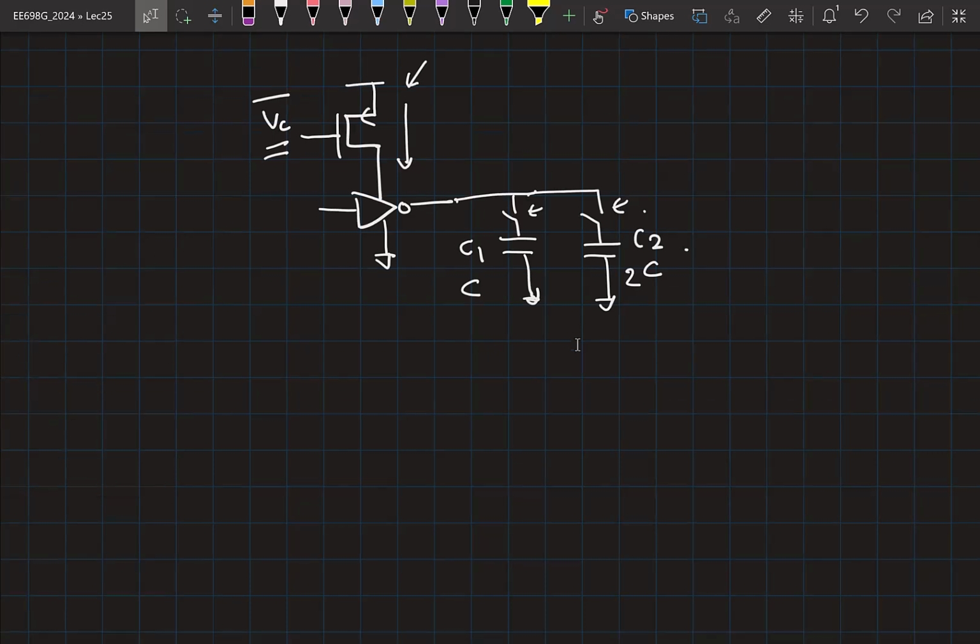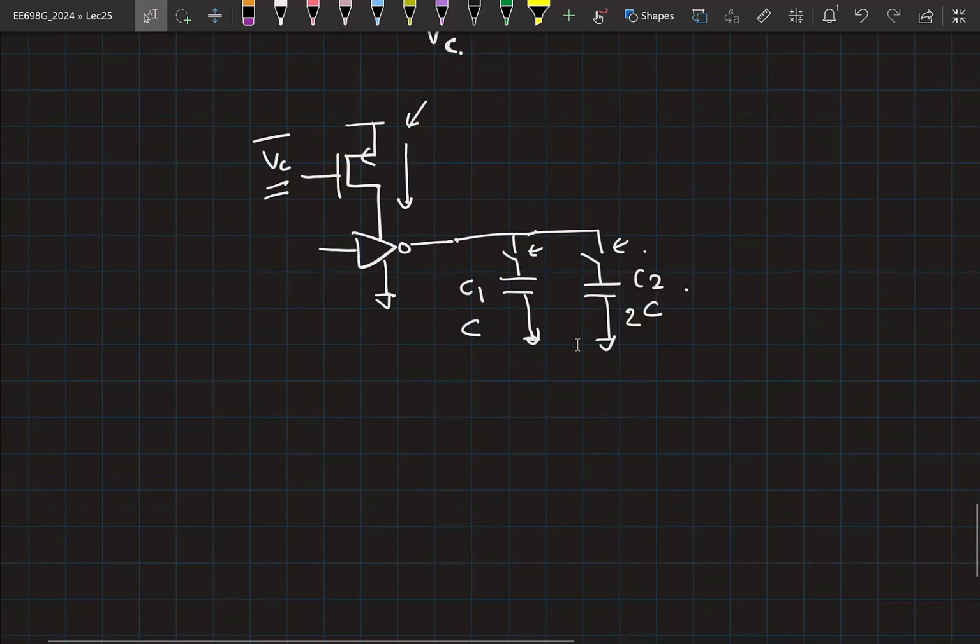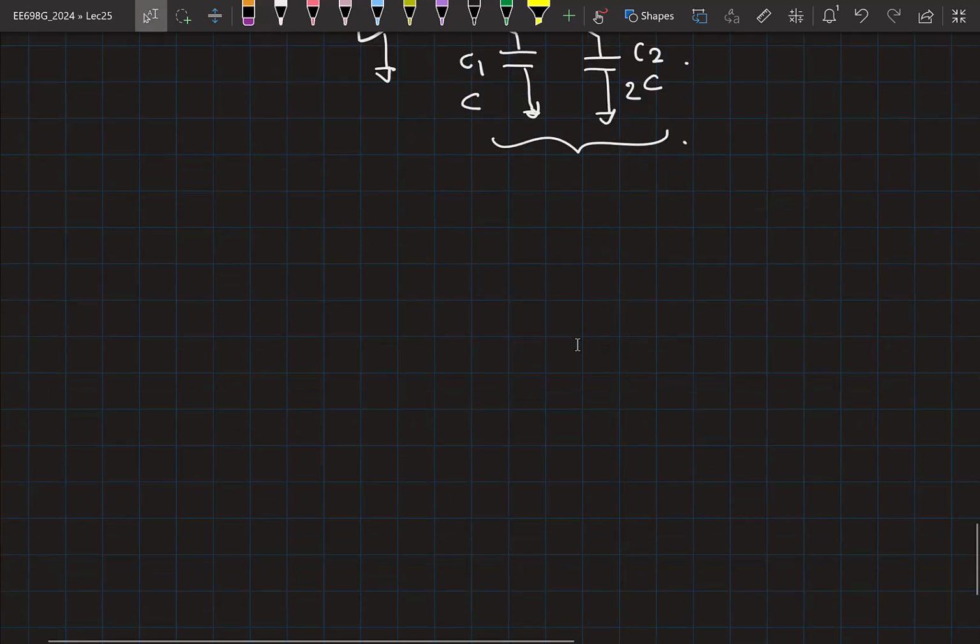Okay. So you can get discrete tuning by either using a capacitor bank or a current bank, both of them binary weighted. Now let's say we look at an LC oscillator. How do you think we'll get tuning in an LC oscillator?